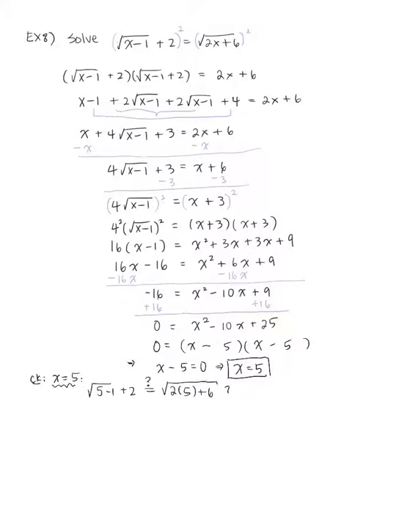Alright, so this is going to be square root of 4 plus 2, which is 2 plus 2, which is 4. And here what we're going to get is the square root of 10 plus 6, which is square root of 16. That's going to be 4. Hey! Alright, so it matches up. So therefore, our solution set is going to be just 5.